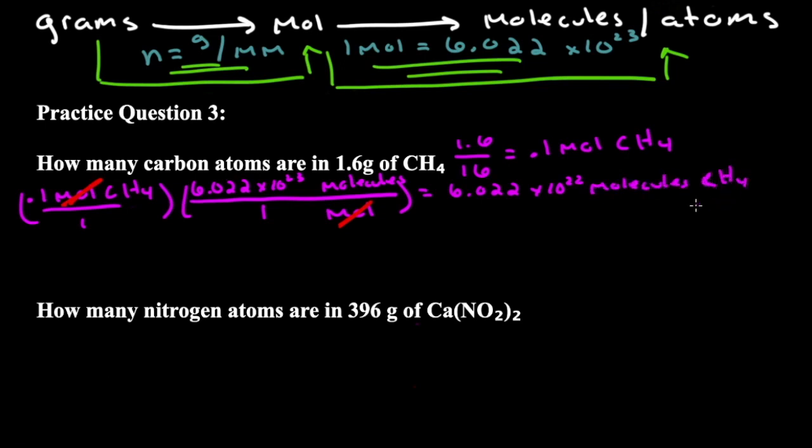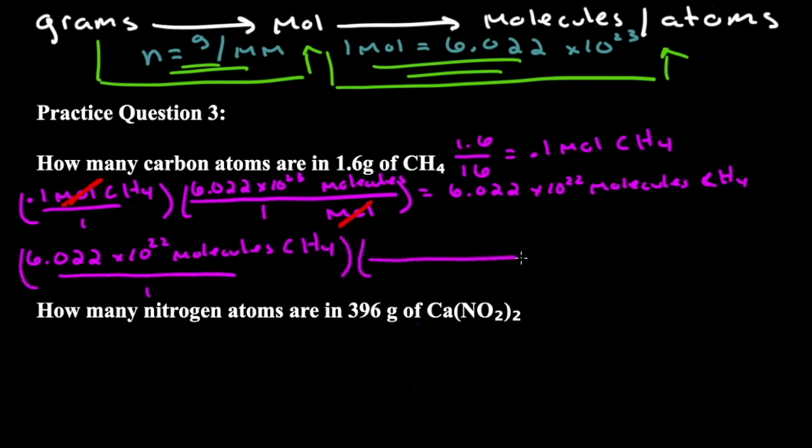And so now that I have molecules of this, I can go to atoms of any one of these that I want, and I'll go to the atoms of carbon right here. So I'll set up another dimensional analysis, where I have 6.022 times 10 to the 22nd power molecules of CH4, and I'll put that over 1.